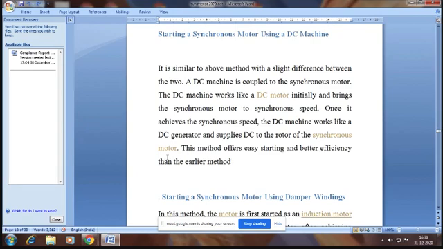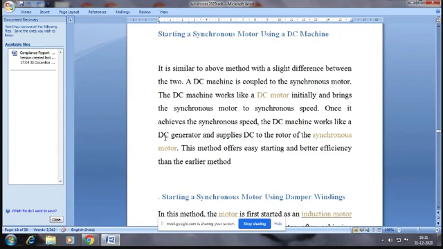Any doubt here? No, sir. That means the advantage we derive when we use a DC machine in place of an induction motor is that the DC machine initially works as a motor because we would have applied voltage to it.